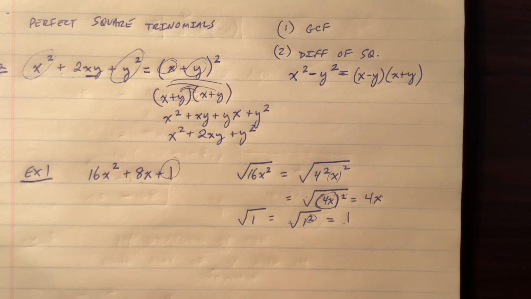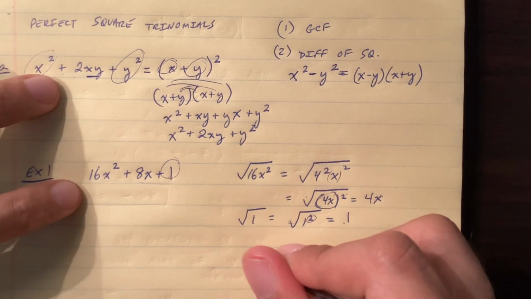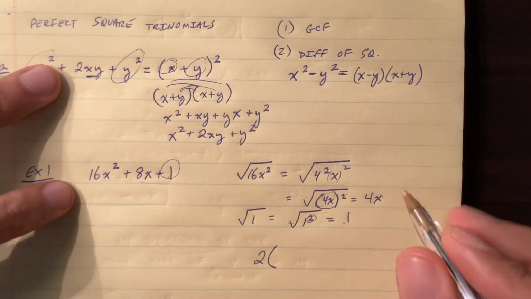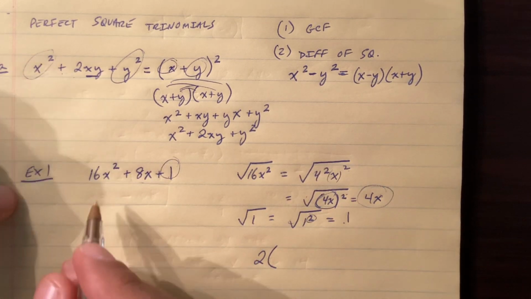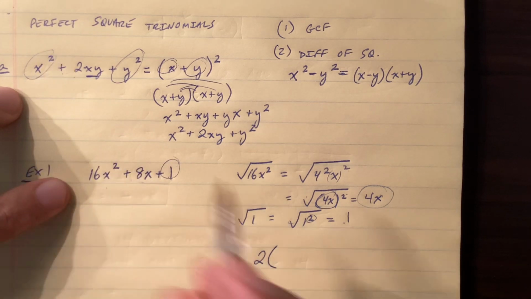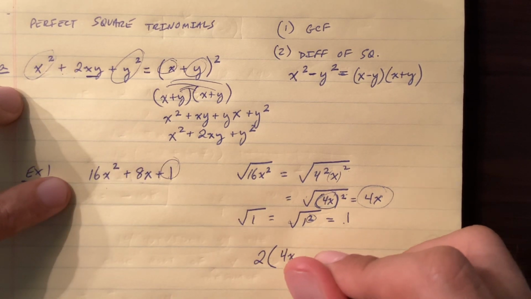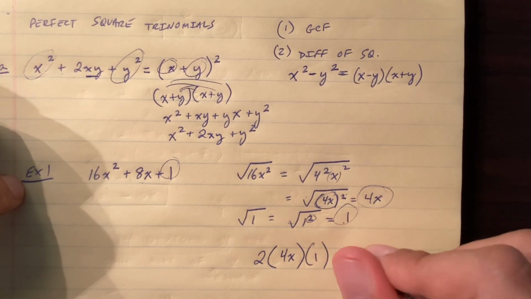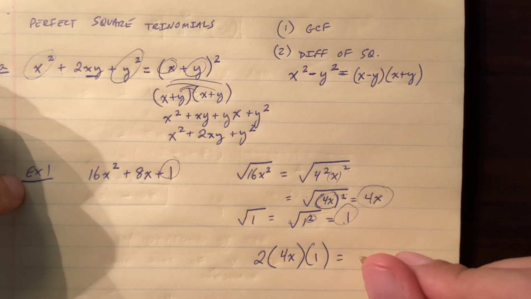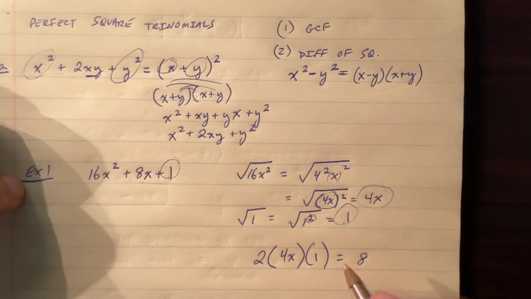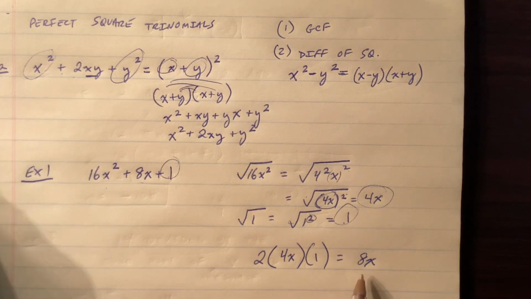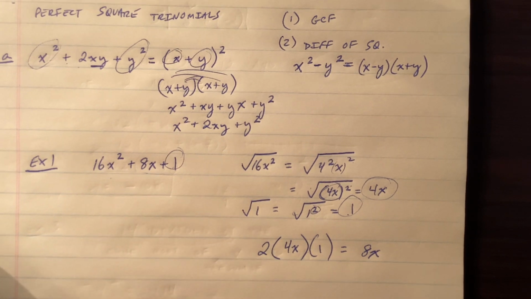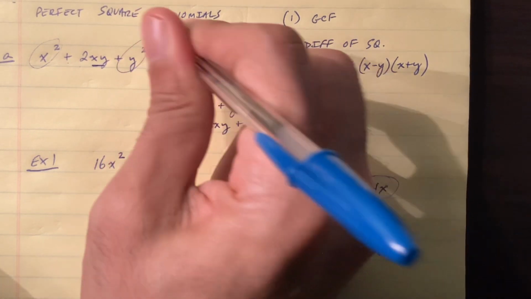All right, so let's try that. 2, we're doubling the product of x, which was 4x, once we took the square root of the first term. And we're going to multiply it with y. 2 times 4 is 8, times 1 is 8, x, there's no other variable, and we get 8x, which also matches here. So now we know that we can proceed, and our answer will simply be this.